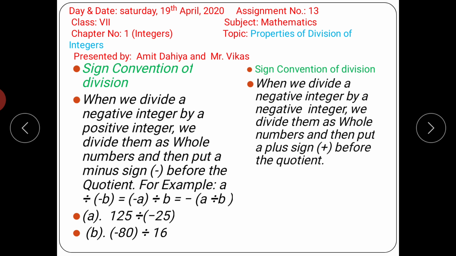When opposite signs are divided, that is, a positive divided by a negative, or a negative divided by a positive, the result is negative. Put a negative sign in front of the quotient. When the same signs are divided, positive by positive or negative by negative, you put the plus sign in front of the quotient.